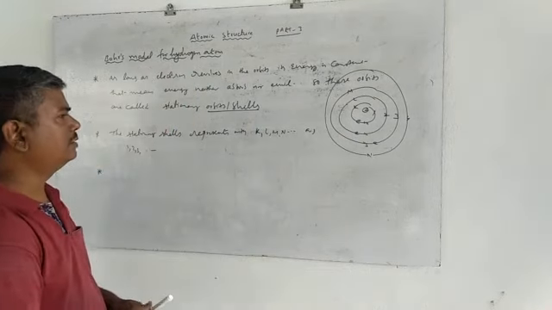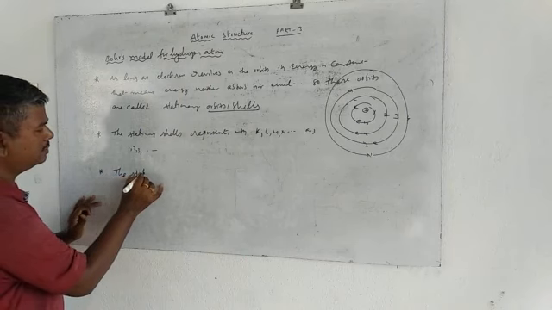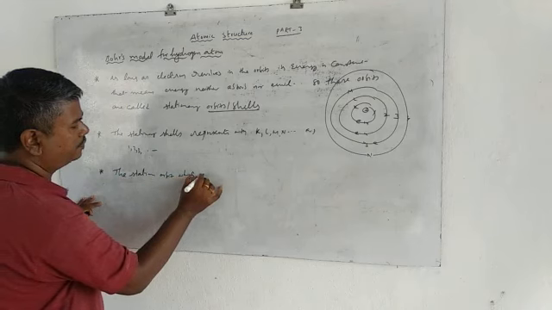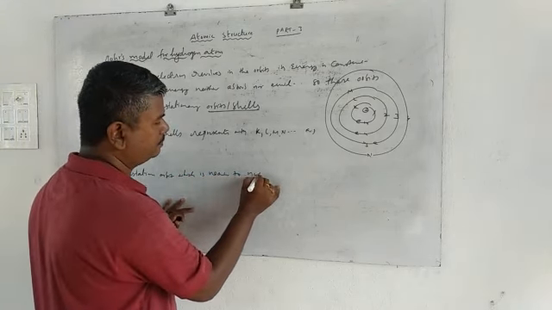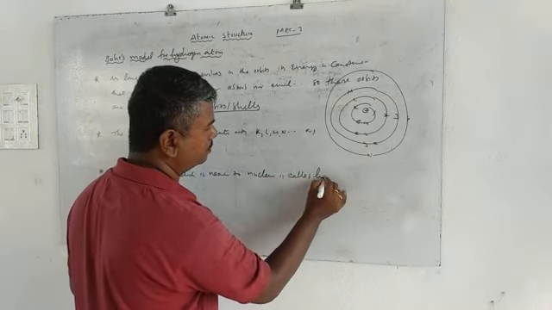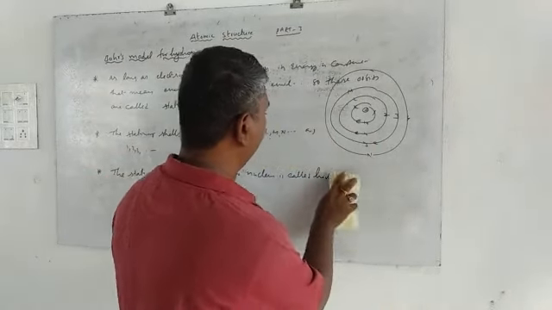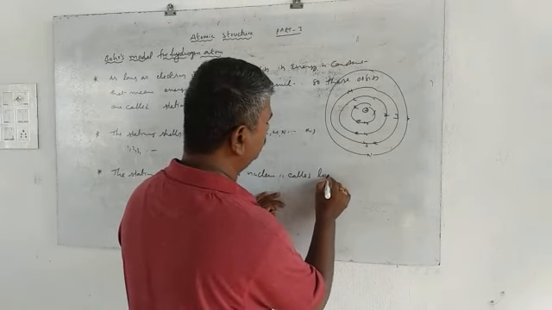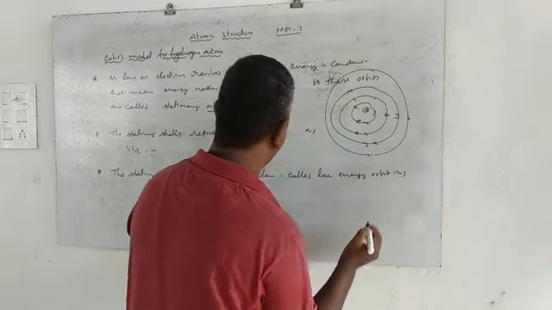The stationary orbit which is nearer to the nucleus is called the lower energy orbit or ground state.